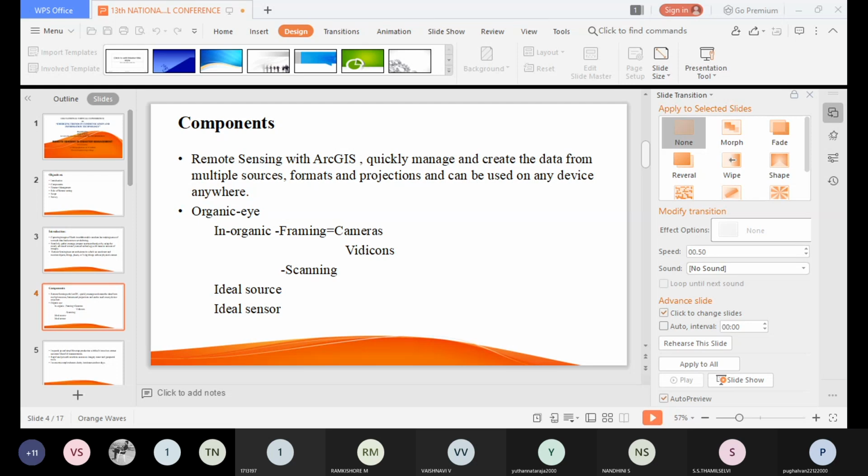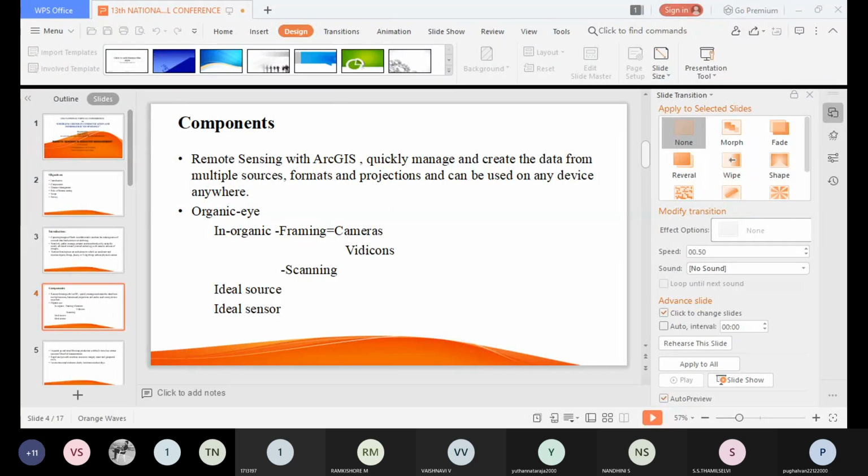One natural remote sensor is our eye. We can sense and analyze a particular place or thing without physical contact. It is one example of a natural remote sensor, otherwise called an organic sensor. An inorganic sensor is an artificial sensor. It is classified as framing and scanning.